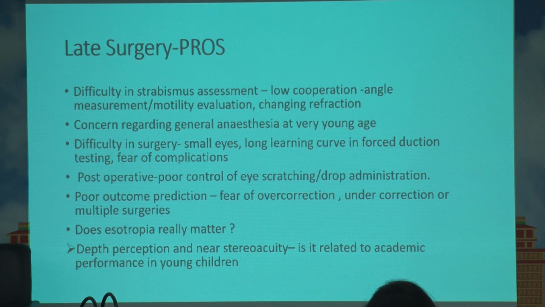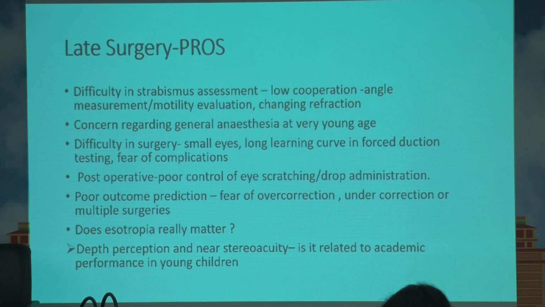And also the poor outcome predictions, and the fear in the parents of overcorrection, undercorrection, multiple surgeries, which is a fear in the surgeons as well. And these proponents of late surgery also say, does esotropia actually matter in terms of stereopsis? Because as seen in some of the studies, although the gross stereopsis would develop, the fine stereopsis, even when we are doing an early surgery as early as around 10 months of age, may not be to the extent it would be for a normal child.